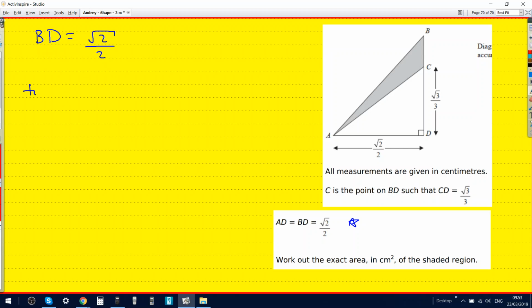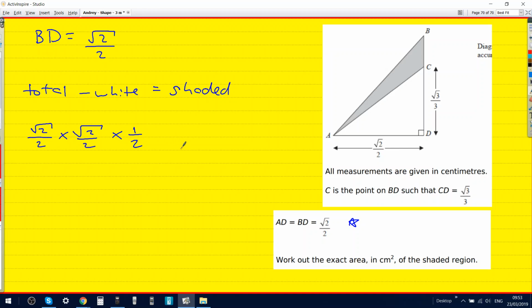Yeah, and so minus y equals great. So how would you get the total triangle? Is it root 2 over 2 times root 2 over 2 divided by 2? Yeah, and I'll just keep it as times a half.